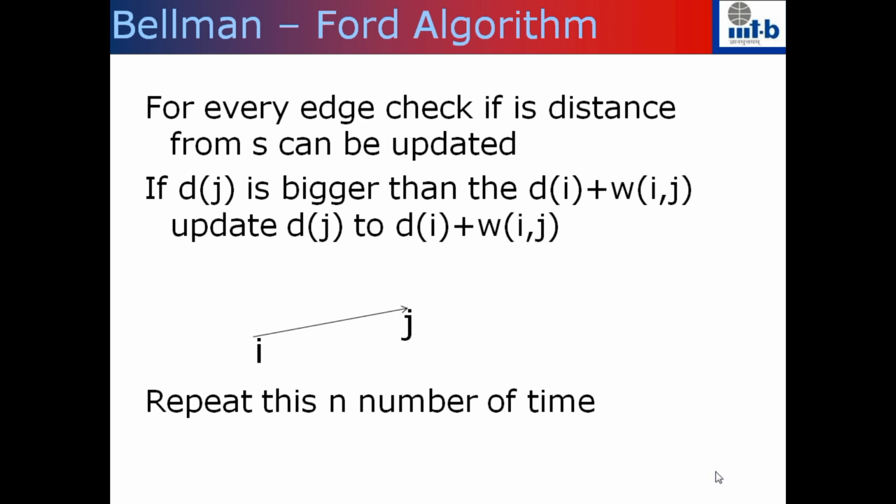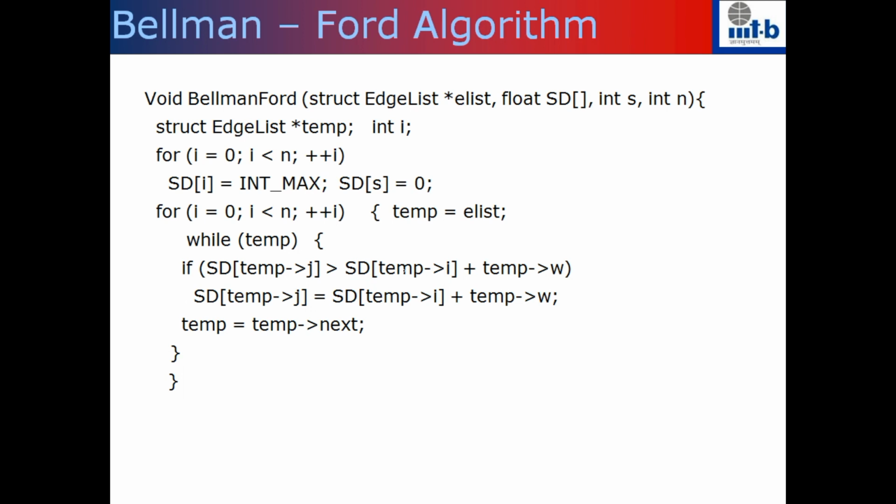So the code for this looks very simple. Let's look at this, the Bellman-Ford. What's given to you is the graph in the edge list representation, and there is a shortest distance array where you're going to store the answers, and n is the number of nodes in the graph, and s is the source vertex.